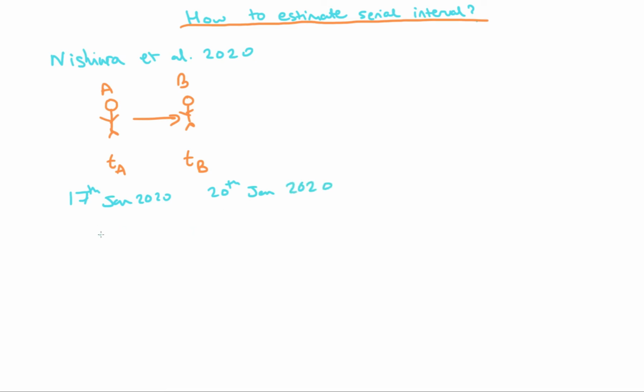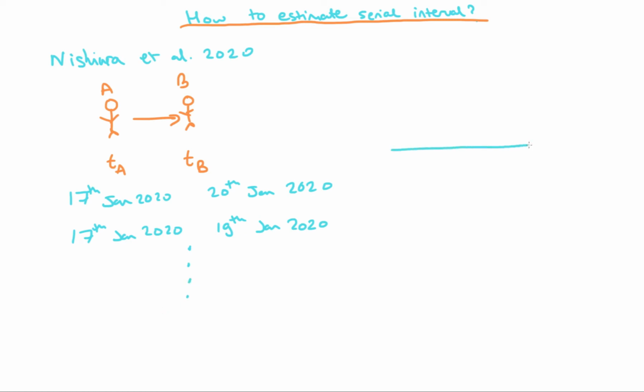Then we'd have another row for a second individual, that might again be the 17th of January 2020, with symptom onset for the second individual on the 19th of January 2020. So we can imagine that we have lots and lots of possible pairs of individuals.